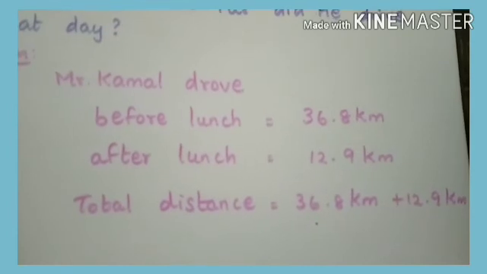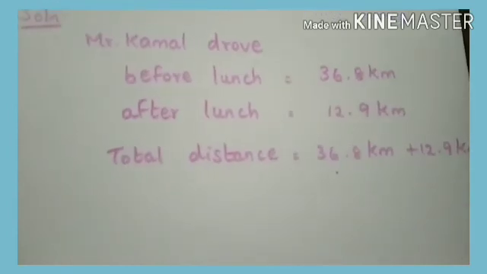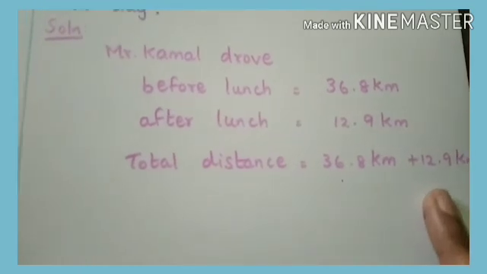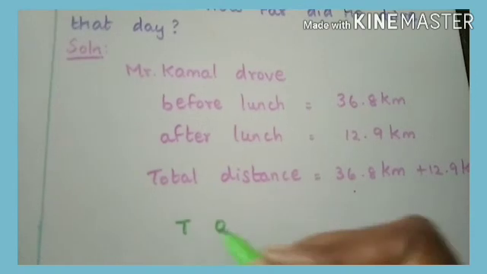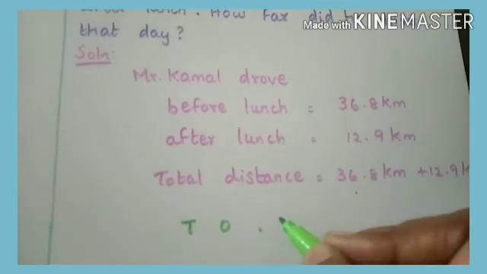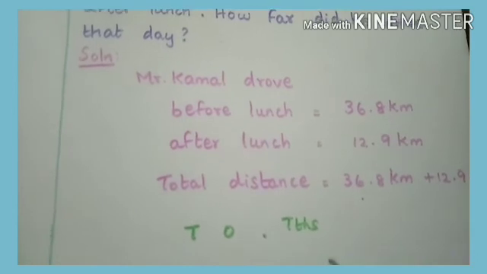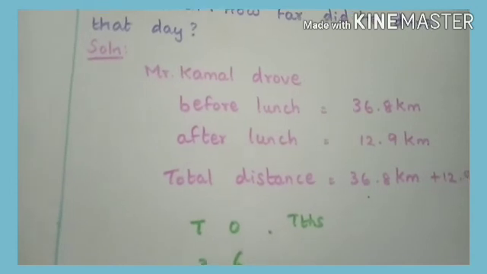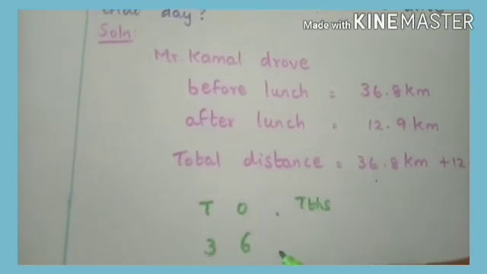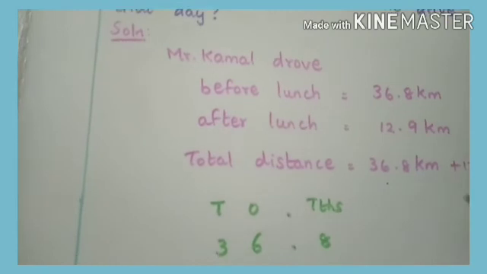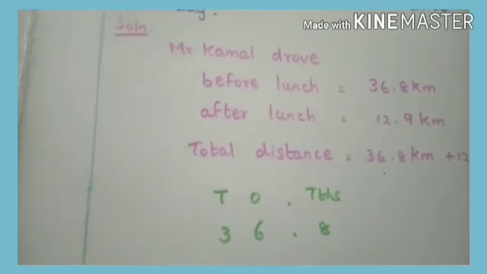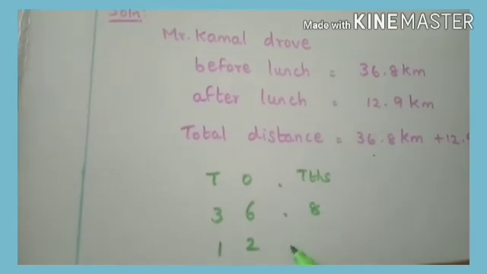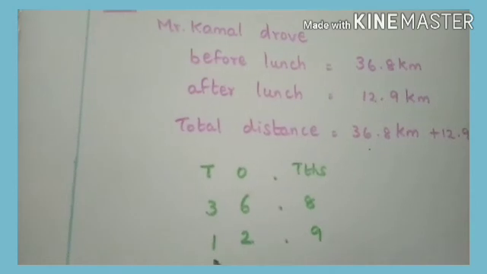Here the number of decimal places are same, so they are called like decimals. Let's write the places: ones and tens, point, and the decimal part tenths. Now write 6 in ones place, 3 in tens place, point, 8 in tenths place. Then write the other number: 2 in ones place, 1 in tens place, point, 9 in tenths place.